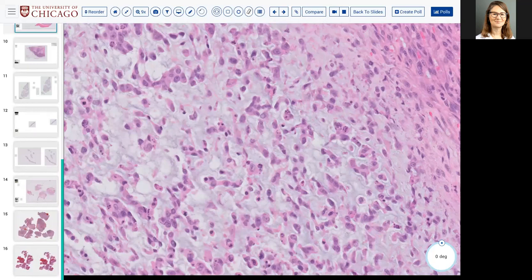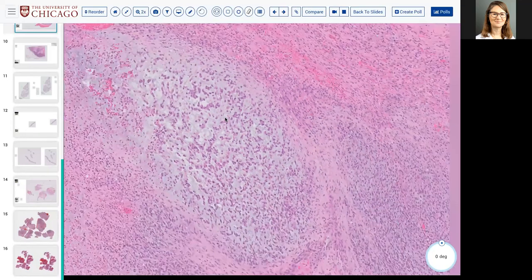So if you have positivity for any one of those markers in that bucket, you can call this essentially myoepithelial. The myxoid background goes very well with that, which isn't quite as frequently seen in these other types of tumors, but is very characteristic for myoepithelial lesions.